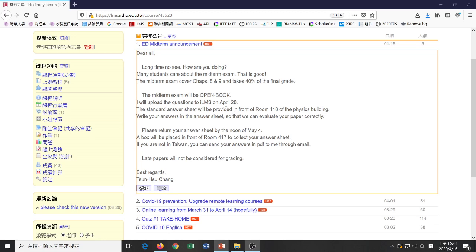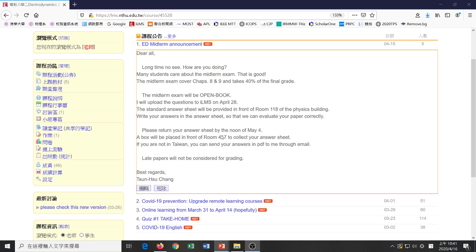If you are not in Taiwan, for example, students from mainland China, you can send your answer in PDF to me through email. Late papers will not be considered for grading. Okay, that's very important, so pay attention to this one. Late papers.